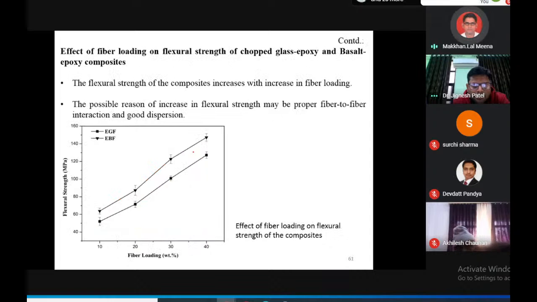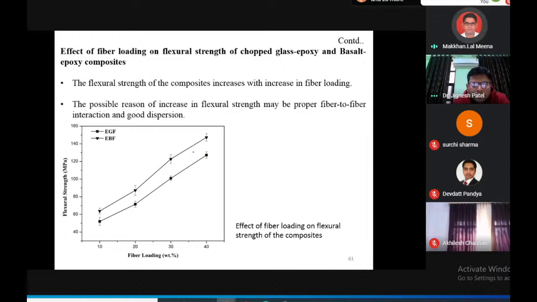Next is the effect of fiber loading on flexural strength of chopped glass epoxy and basalt epoxy composite. The flexural properties of both glass and basalt fiber composite increase due to better interfacial adhesion and bonding of fiber to the matrix.